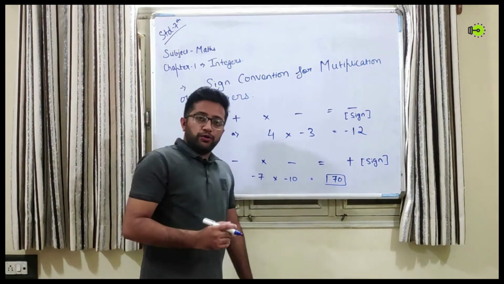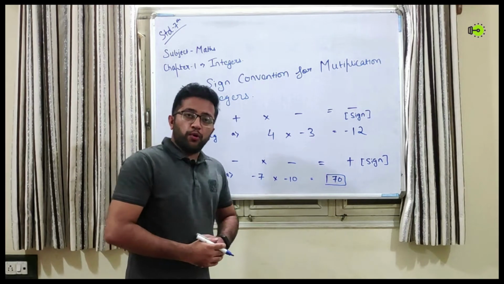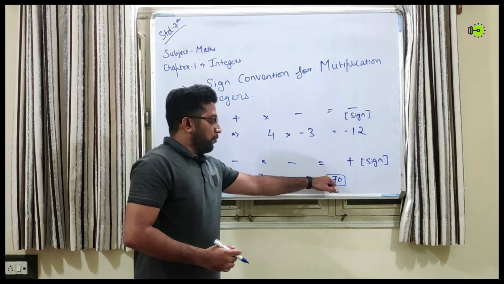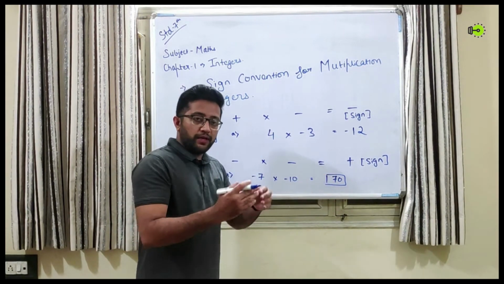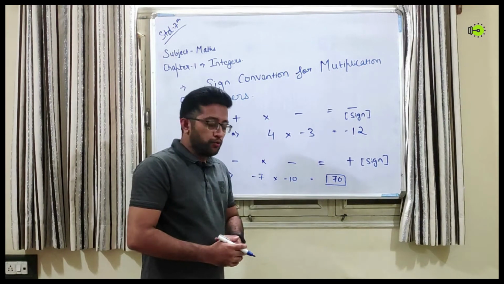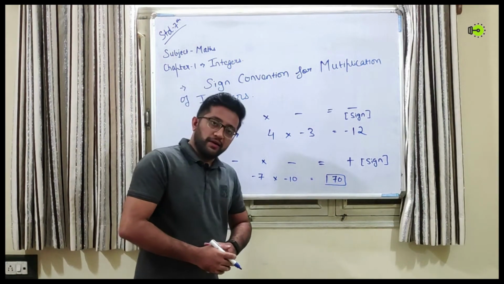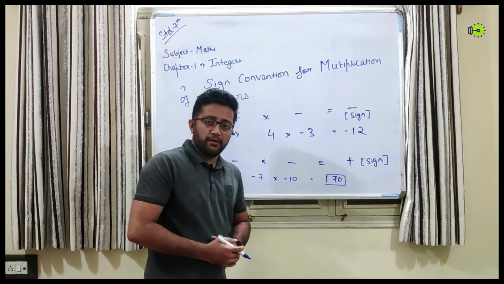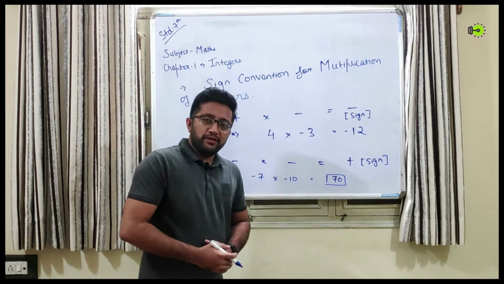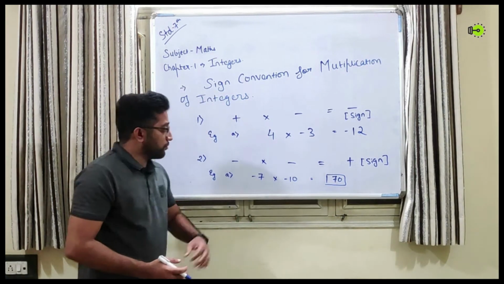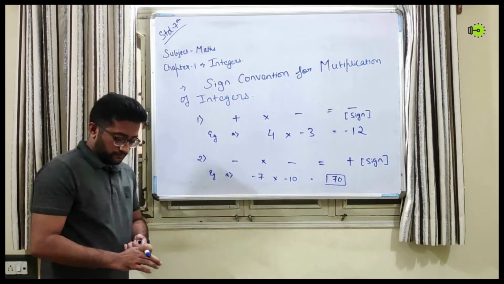I already told you that in order to show a positive sign, we do not need to put the sign before 70. There is no need to put the sign of addition here. So please take a note of this.